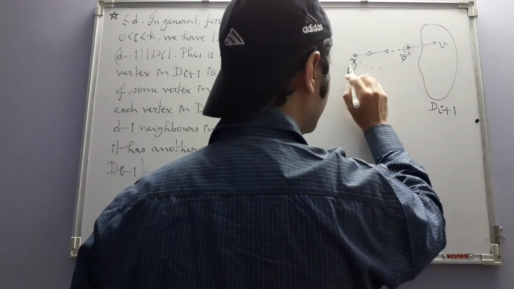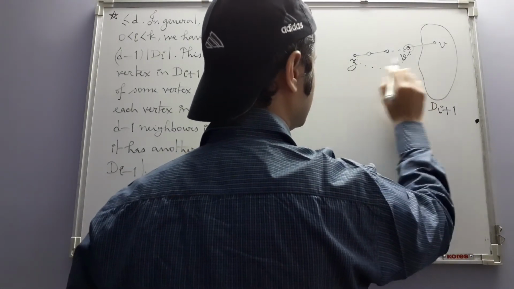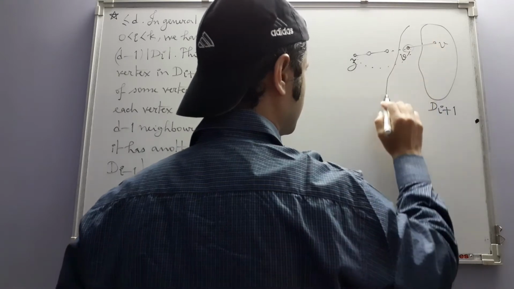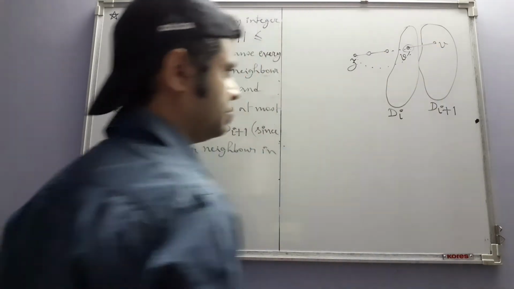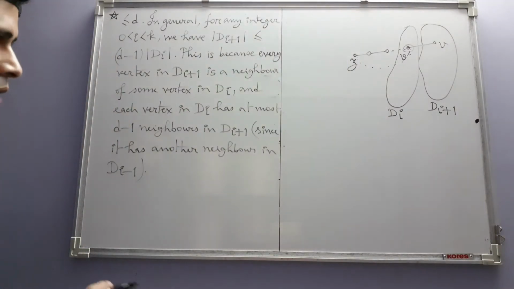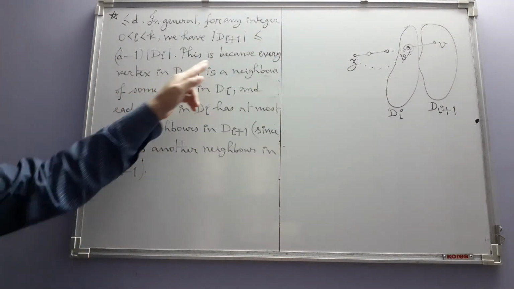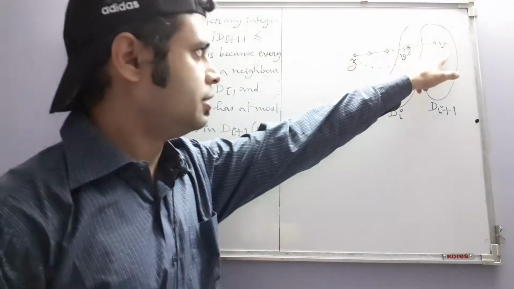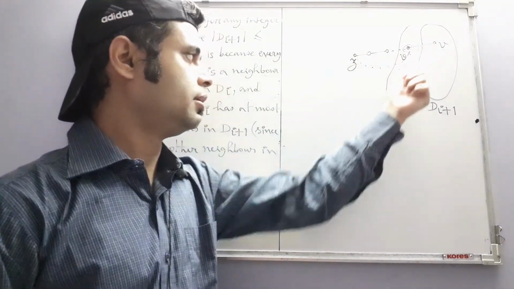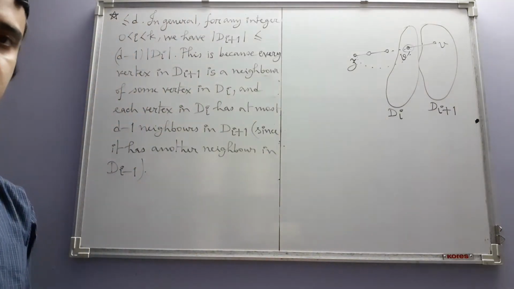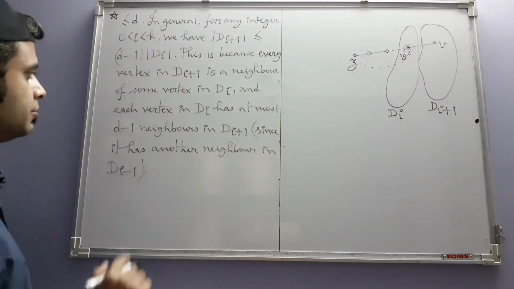So v prime belongs to D_i, and that is why the author is saying that every vertex in D_{i+1} is a neighbor of some vertex in D_i. Fine, we have understood that.